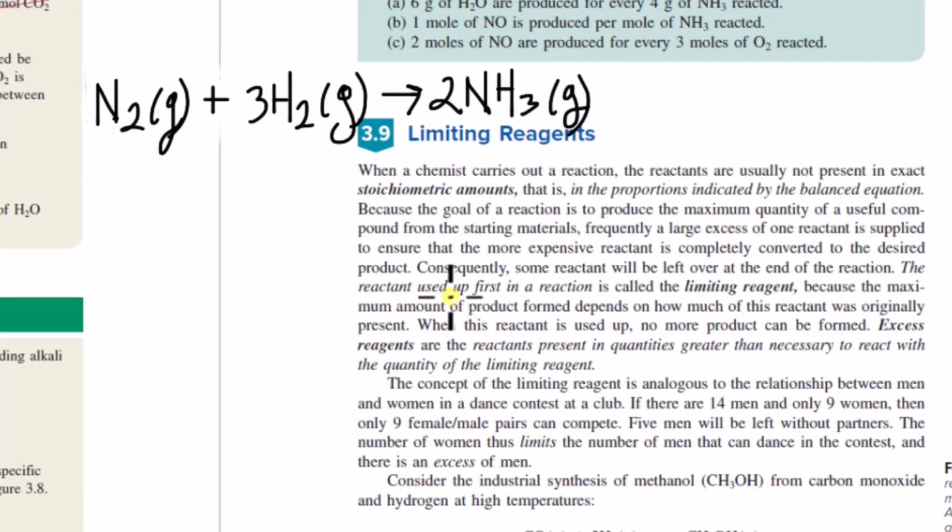The reactant used up first in a reaction is called the limiting reagent, because the maximum amount of product formed depends on how much of this reactant was originally present. When this reactant is used up, no more product can be formed. Excess reagents are the reactants present in quantities greater than necessary to react with the quantity of the limiting reagent.